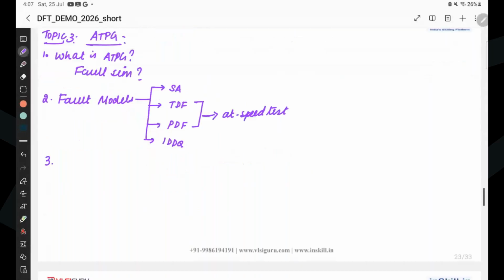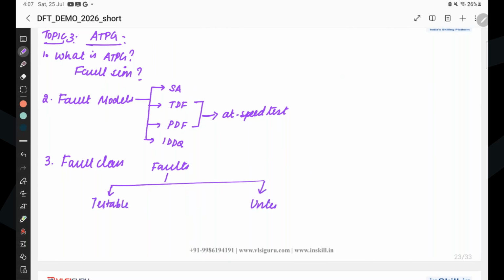And fault classes. Faults will be broadly classified into two classes: testable and untestable. Under untestable, they will be further subclassified as unused, tied, blocked, and redundant.